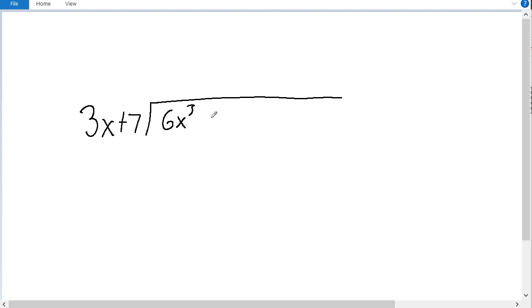So if we have 3x plus 7 being divided into 6x cubed plus 20x squared plus 5x minus 21. And the process that you undergo is pretty much identical to long division. You look at your leading term, in this case 3x, whatever has the highest degree, and look at your first number here and think, what must I multiply 3x by to get a result of 6x cubed?